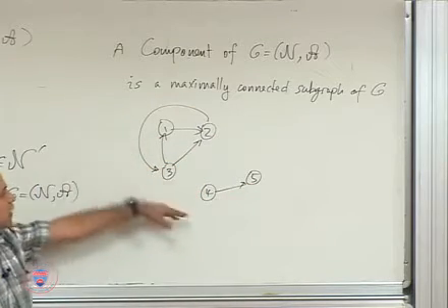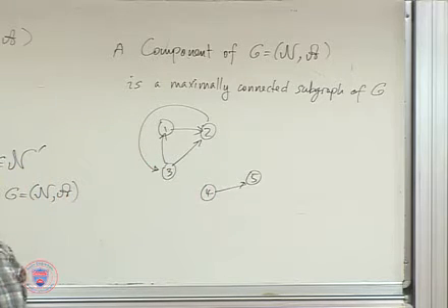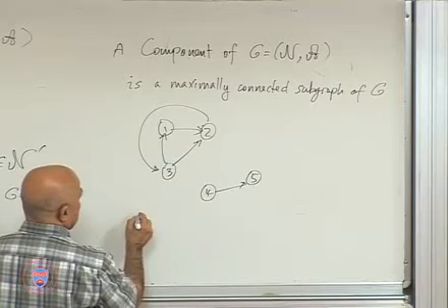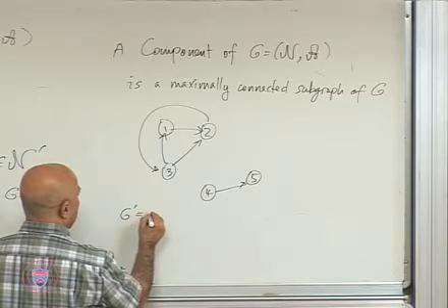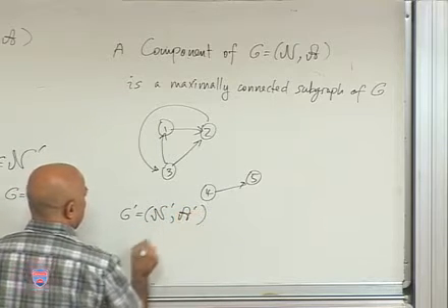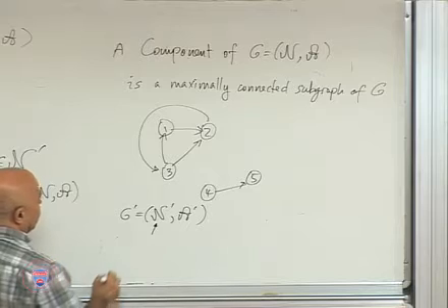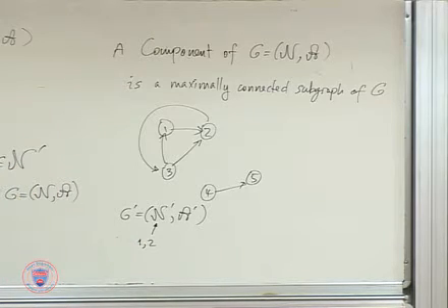So let's suppose this is the graph having all these arcs and the nodes 1 through 5. In this case, I may look at a subgraph where N prime contains, for example, nodes 1 and 2, okay?